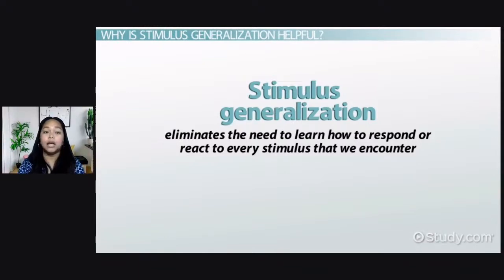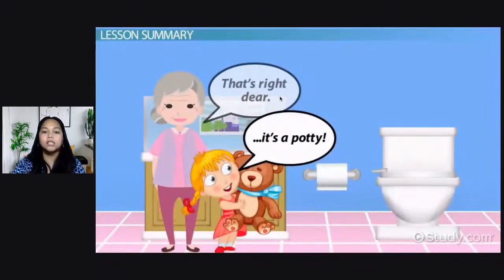Kaya siya helpful din. Now, i-stress ko lamang that stimulus generalization is found not just in classical conditioning by Pavlov, but also in operant conditioning by B.F. Skinner. Meron din siyang stimulus generalization doon. Okay, so this here is an example. Every time the child would see the potty, the child would already know how to react to that. Say, pinapa-potty train mo yung child, no?